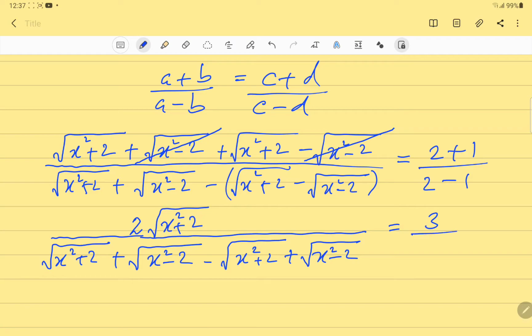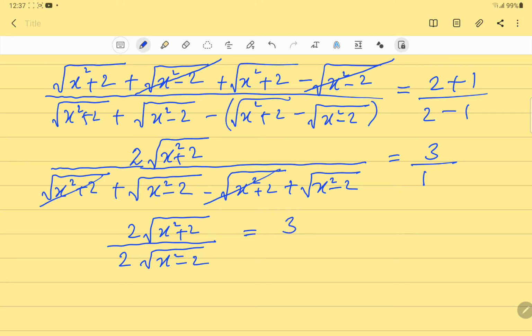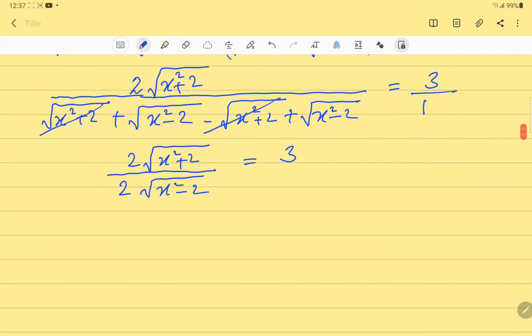Two plus 1 is 3 and 2 minus 1 is 1. Okay, now this one cancels with this one and we are left with 2 into x squared plus 2 over 2 into x squared minus 2 equals to 3. This 2 cancels with this 2 and we are left with x squared plus 2 over x squared minus 2 equals to 3.